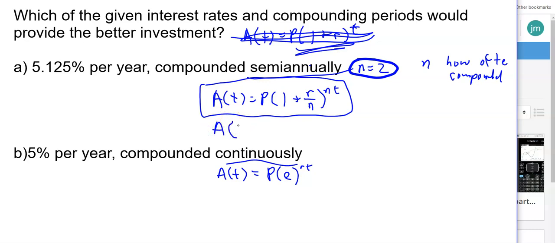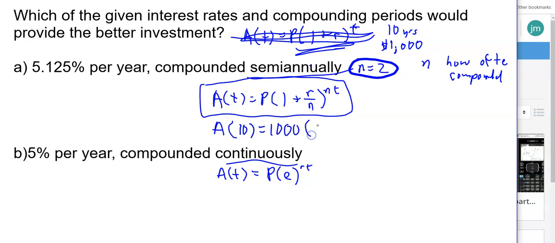So A of, we need to figure out how many years. So let's say we have 10 years. And let's say we put $1,000 in. So A of 10, A after 10 years equals 1,000 for both problems.